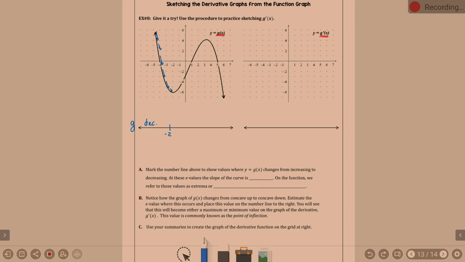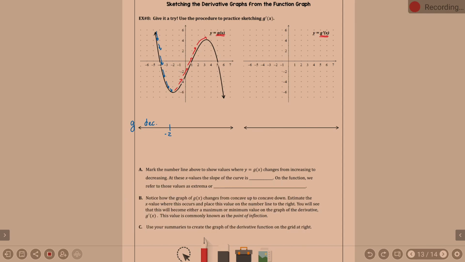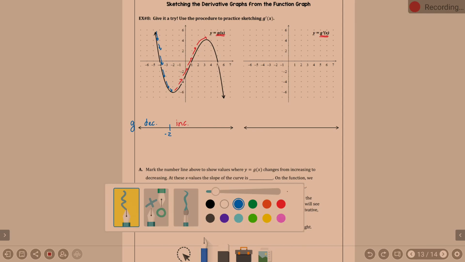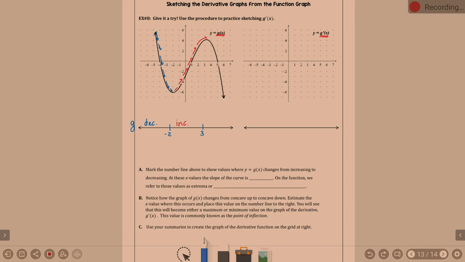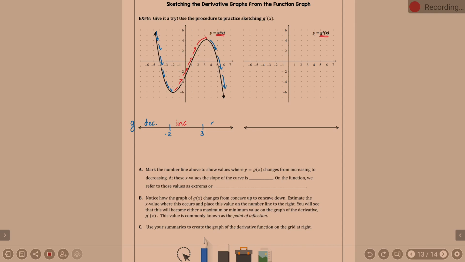Okay. So what's the graph do next? It goes up, yes? So now, as it goes up, it is what? We're increasing, and how far are we going to increase? Okay. She says we're increasing until 3. 3-ish, yep. And then what happens after 3? Again, we are decreasing. Are you with me so far? Okay. Now, in terms of slope, what does that mean?